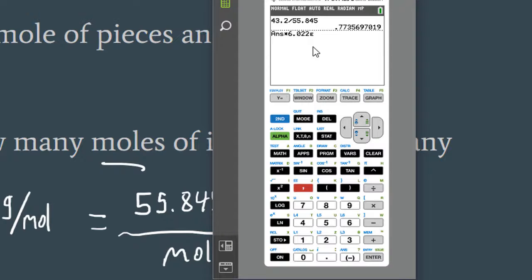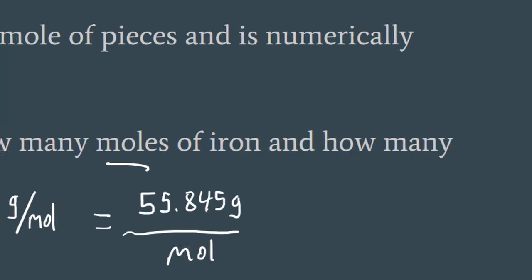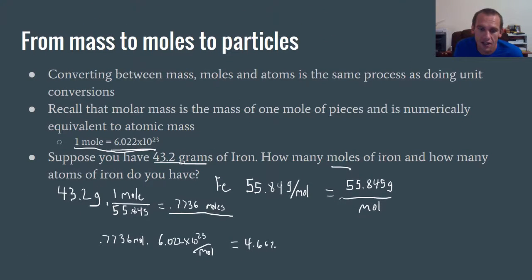That is the scientific notation button, and now I can use 23, so the calculator understands that is 6.022 times 10 to the 23rd. Push enter, and it tells me my answer, and it is in scientific notation. Shouldn't surprise us. 4.66 times 10 to the 23rd atoms of iron.